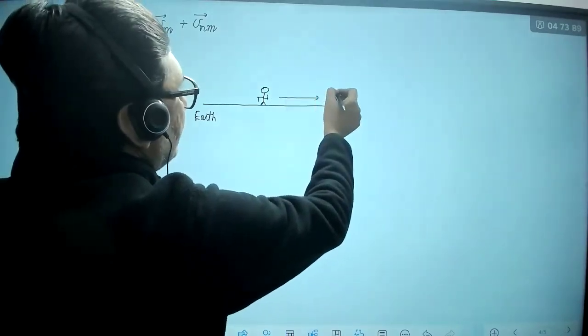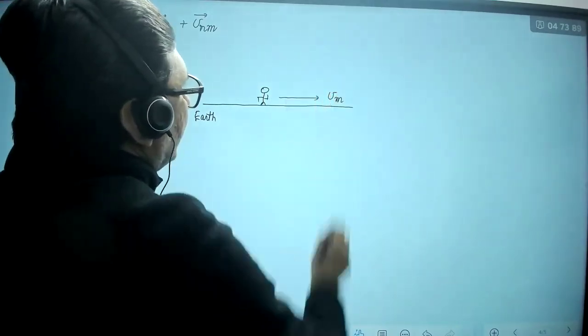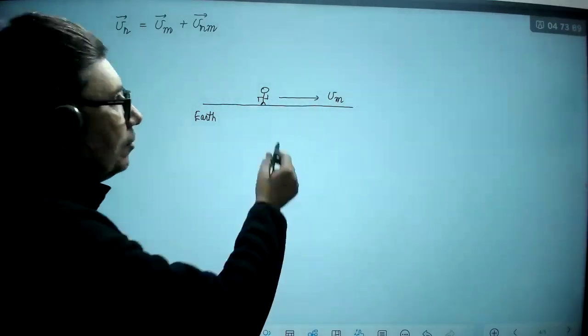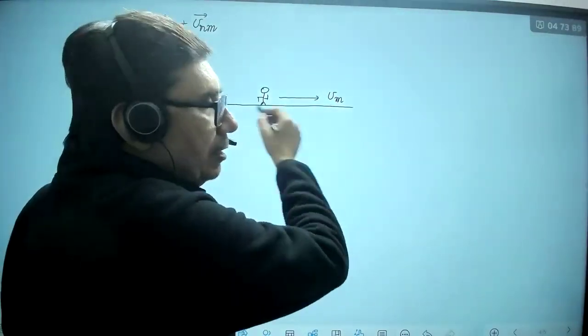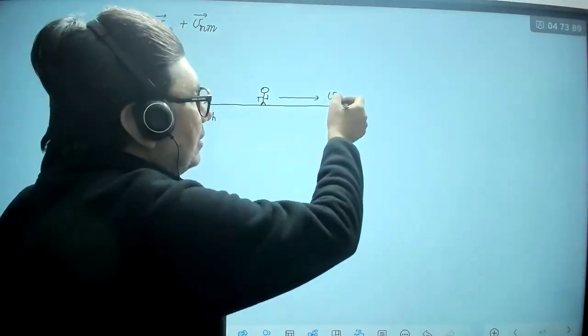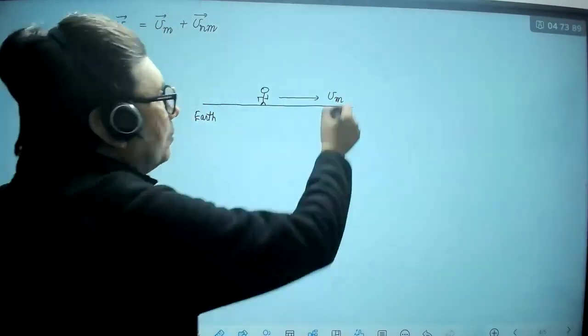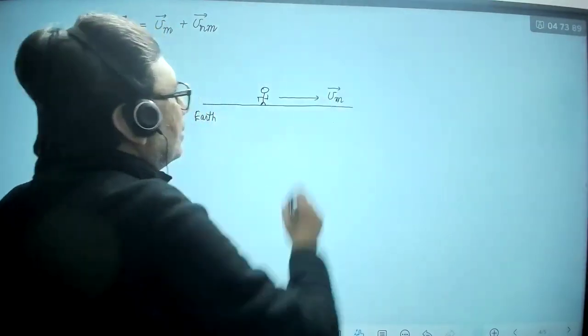He is moving with a velocity Vm. This is the velocity of this person Vm. He's moving on the Earth. This is the velocity with respect to Earth. So this is Vm. You can write like this.